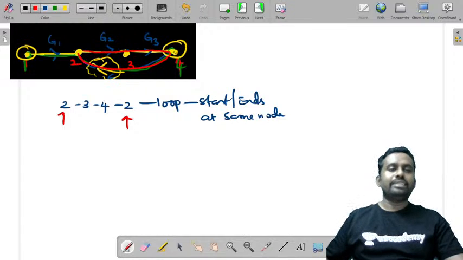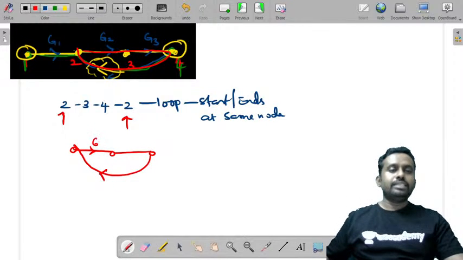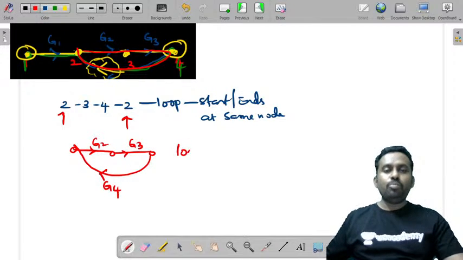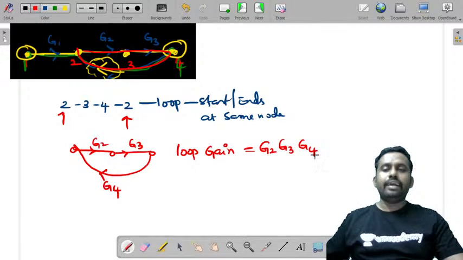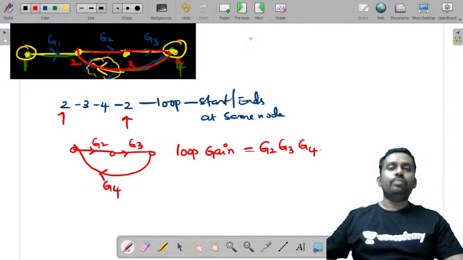It goes 2, 3, 4 and comes back to 2. This is G2, this is G3, this is G4. Now the loop gain is the product of all these: G2, G3 and G4. This is the loop gain.